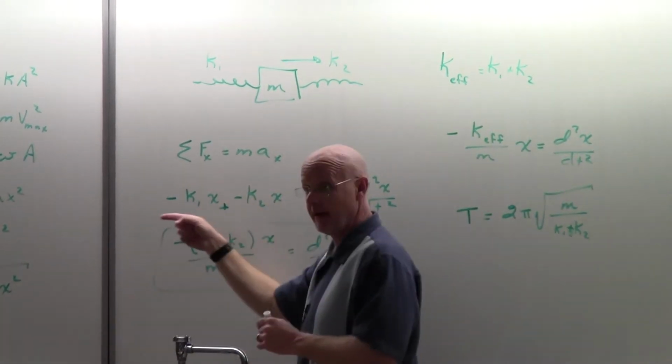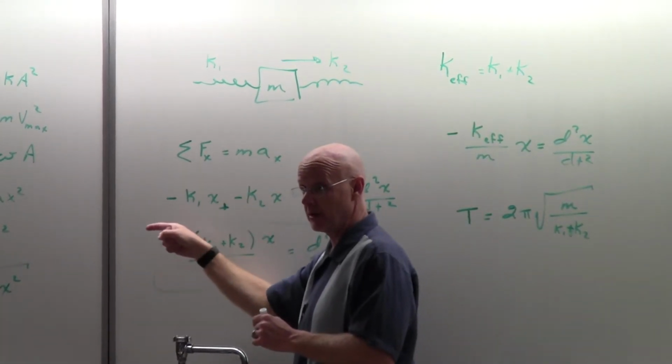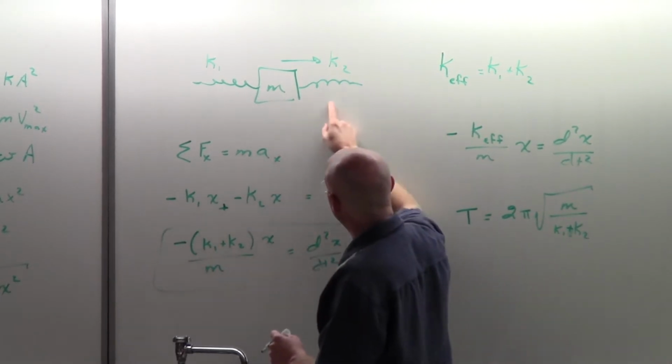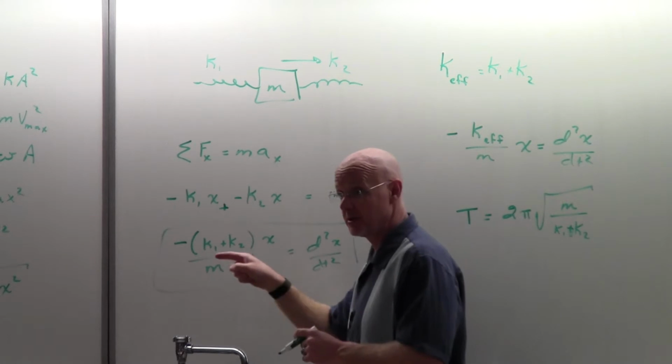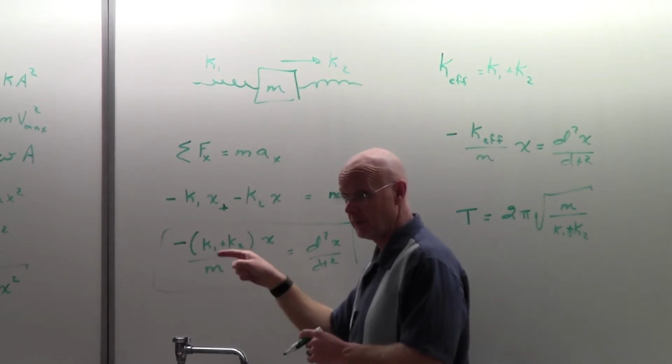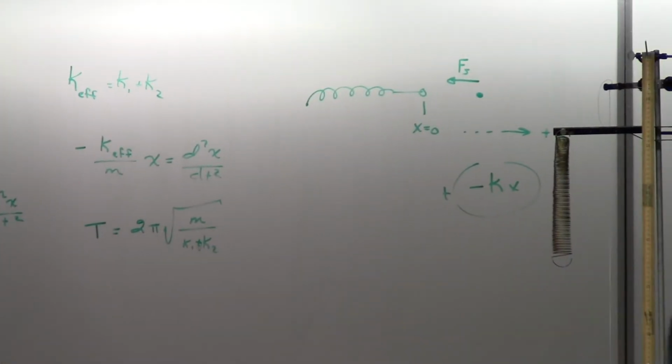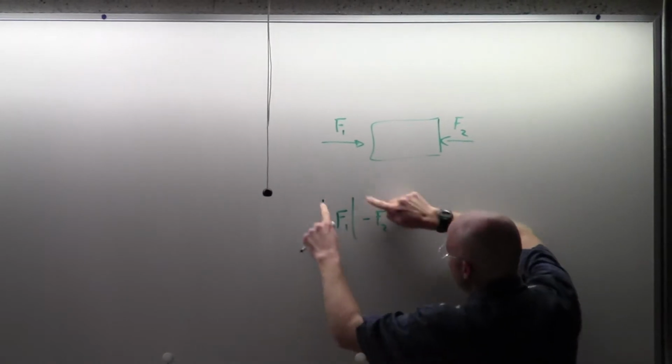is actually a force in the negative direction, right? And this one is also a force in the negative direction. And so the sign, if you will, is accompanied in the equation.